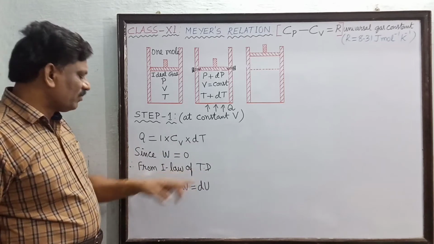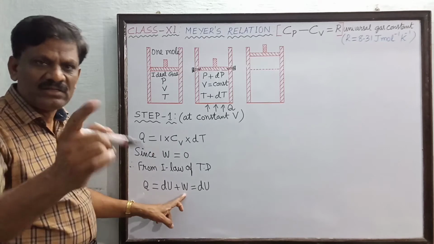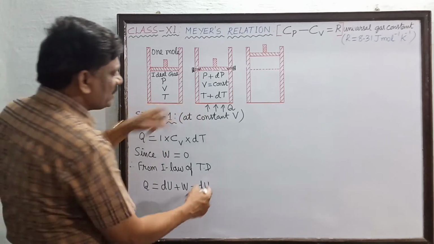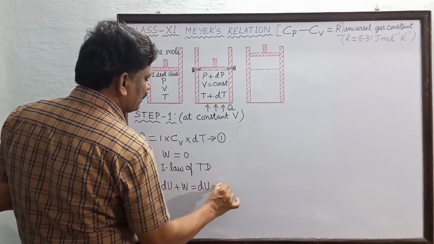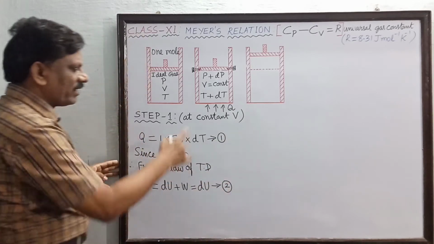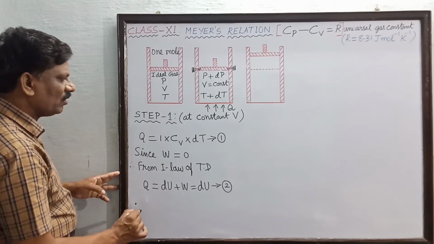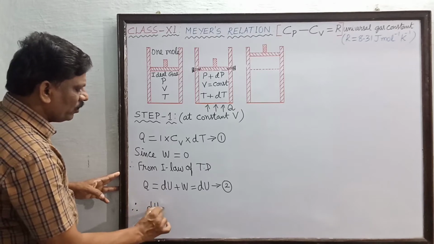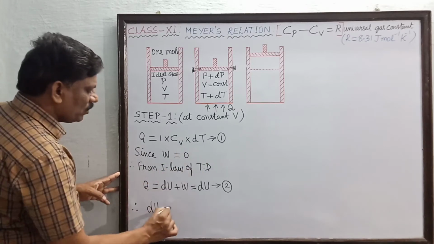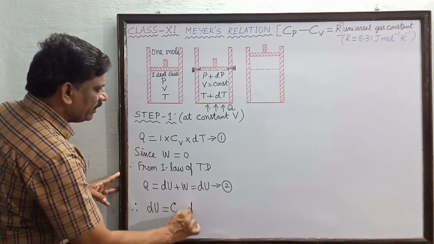Also from the first law of thermodynamics, the quantity of heat supplied is equal to dU because W is equal to 0. So combining these two, I will take this as the first equation and this as the second equation. Comparing equations 1 and 2, I can write dU is equal to CV into dT.